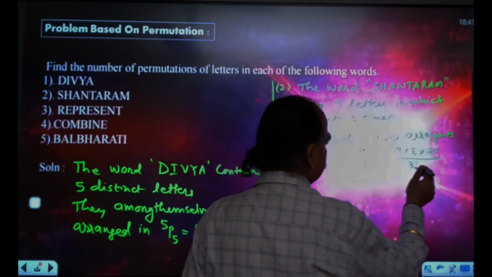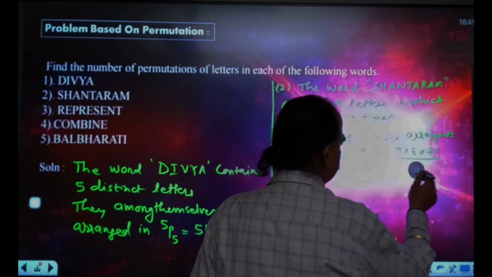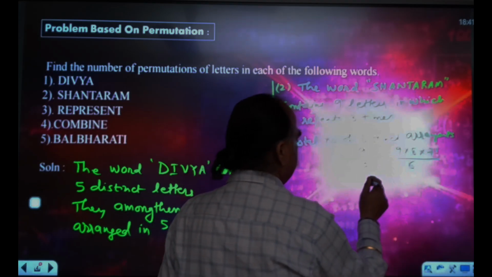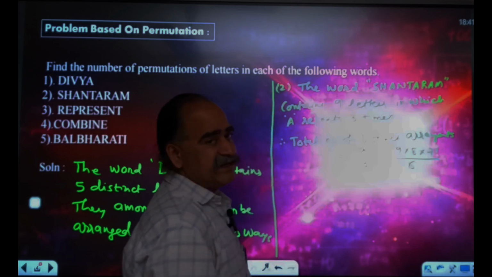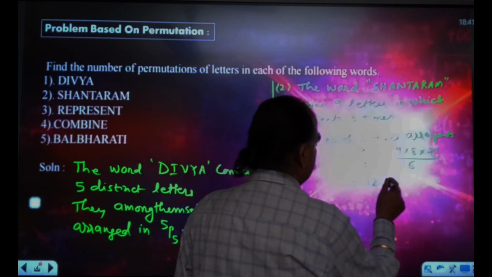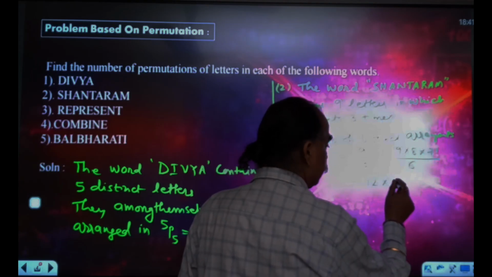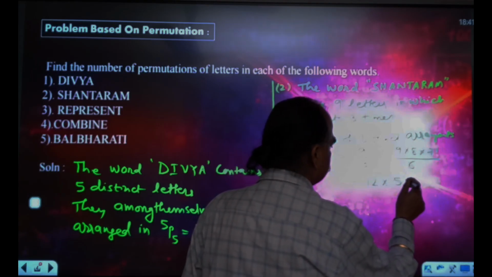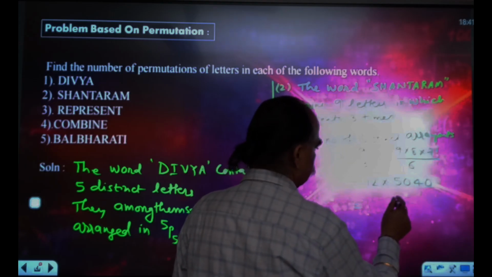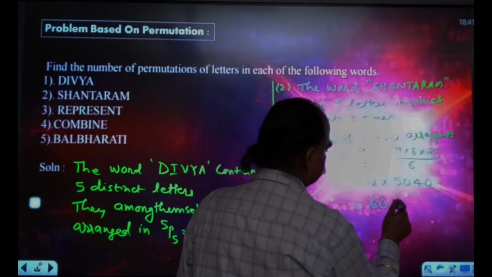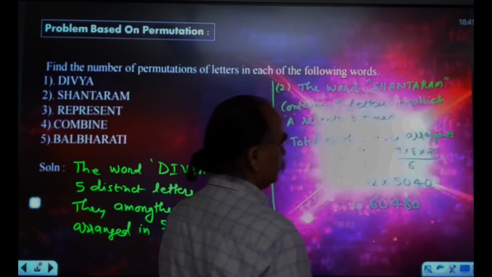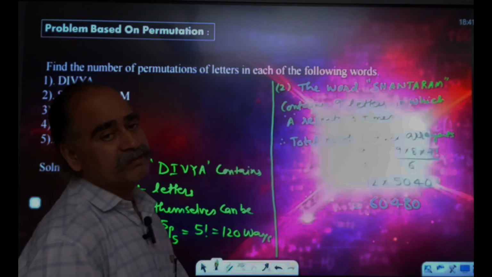We can write directly 3 factorial replaced by 6. 9 into 8 is 72. 72 upon 6 is what? 12. And 7 factorial, you have to remember all the values till 8 factorial. 5040. 12 into 5040 is 60,480. So many distinct arrangements will be there.